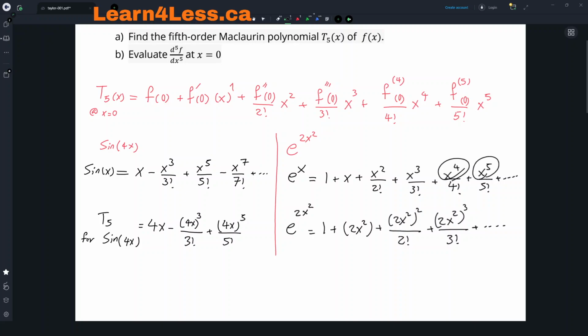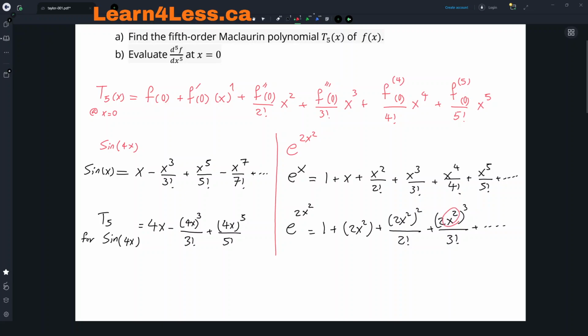I know that I didn't substitute 2x squared for these x's, but because we are looking for the fifth order Maclaurin polynomial, T5, we need only to go up to the degree 5, up to the point that the power of x is 5. So the power of x here is, this is x squared, which is x to the 4.